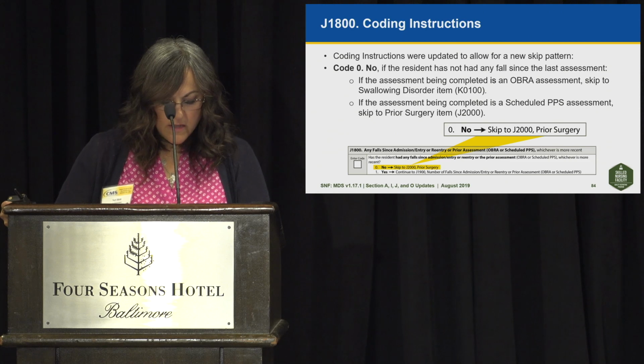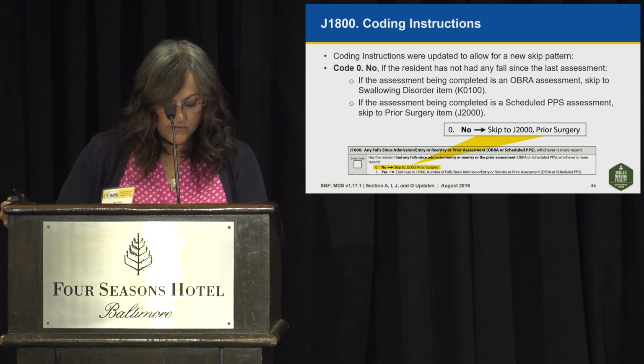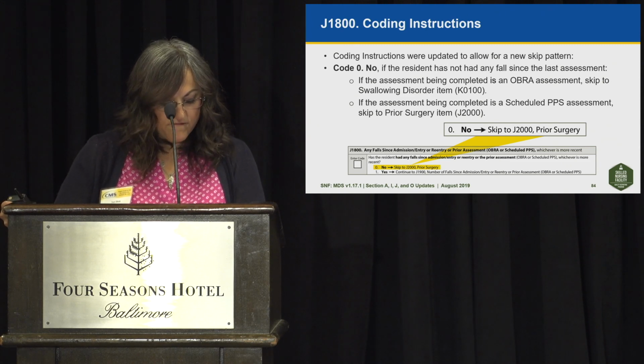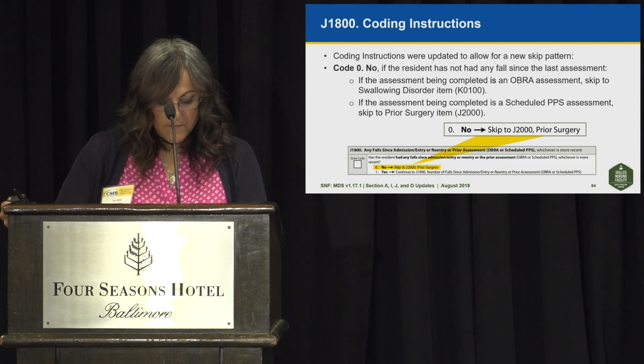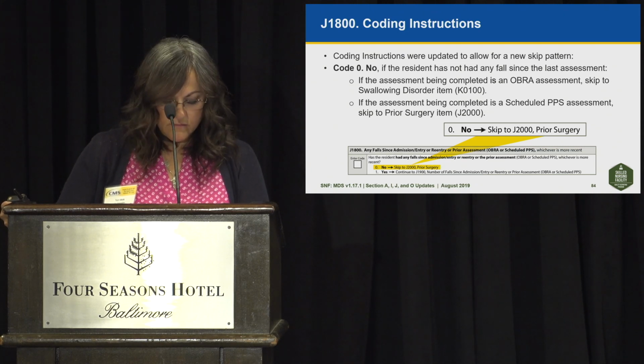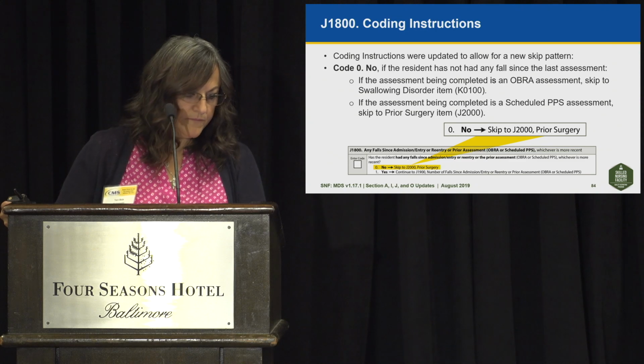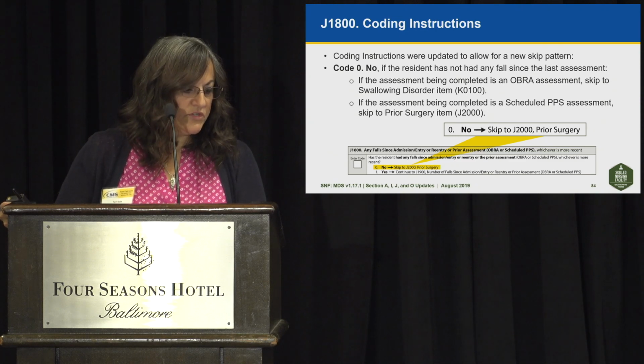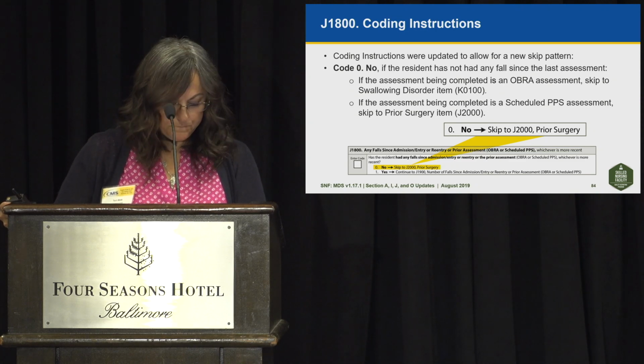Now if you code 0, no, you're going to skip to the swallowing disorder item, which is K0100. If you're completing a 5-day and code 0, no, you're going to skip to J2000, which is the prior surgery item. So obviously what you're seeing there is for the 5-day.